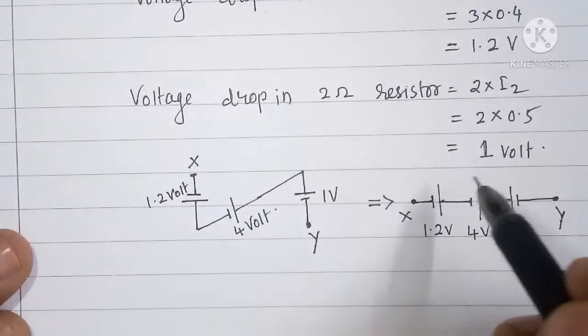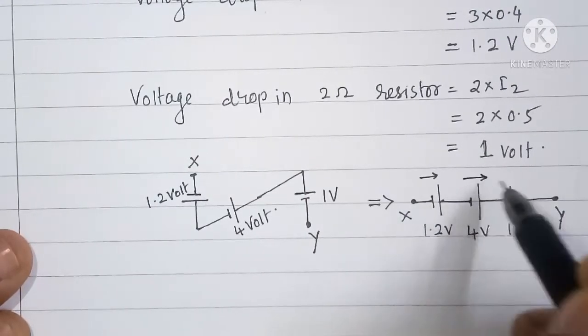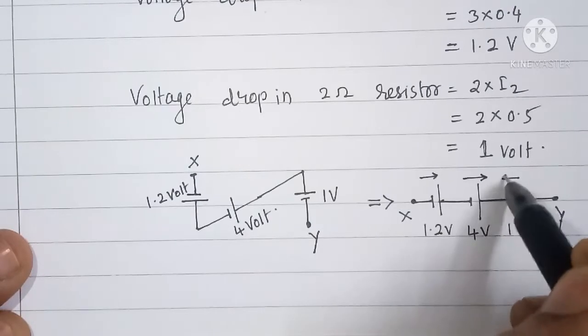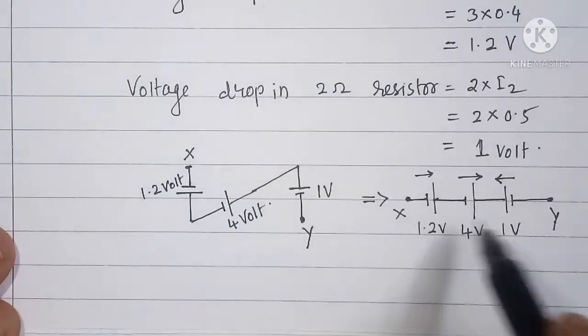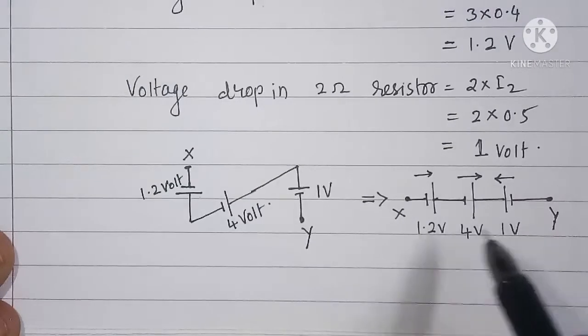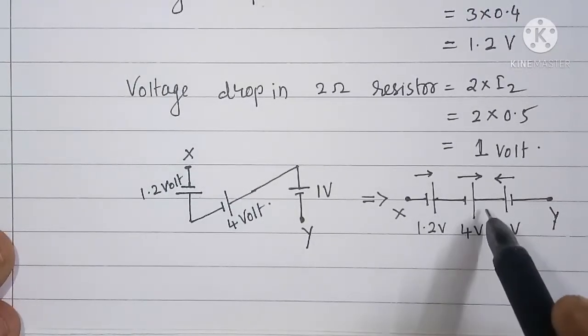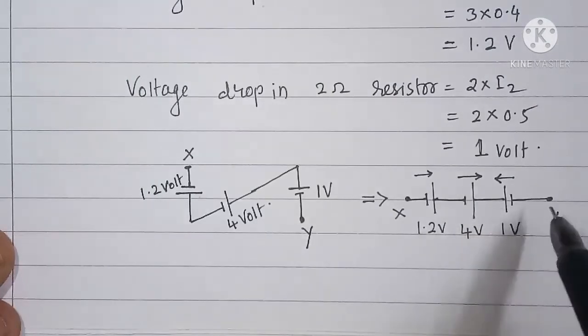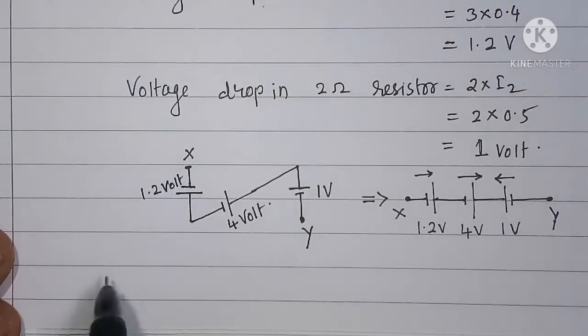Now mark the voltage rise directions. Towards right, and this is towards left. Now the voltage across X and Y is the sum of voltage sources acting in one direction minus the sum of voltage sources acting in the other direction.